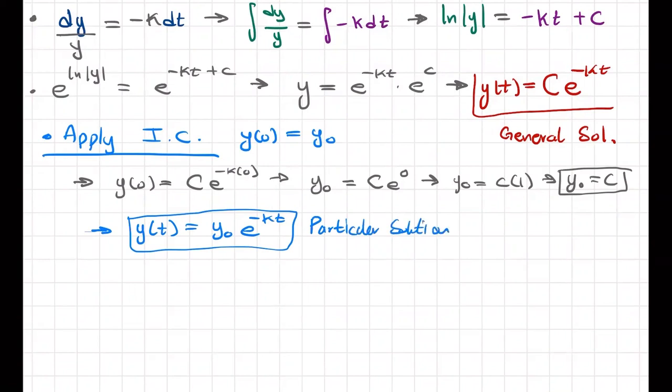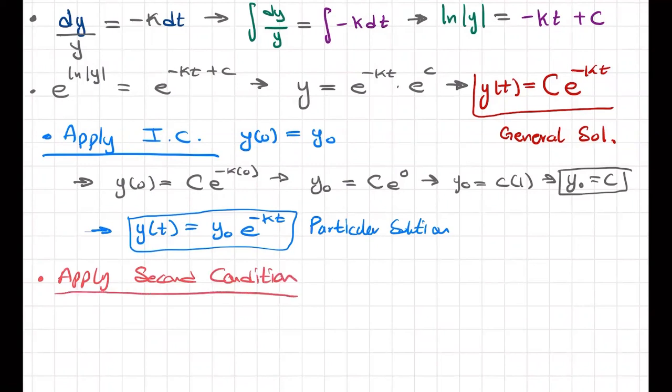So that was the first initial condition. We still have one more unknown. We don't know what that k value is. So this is where we apply that second condition. So let's apply that second condition.